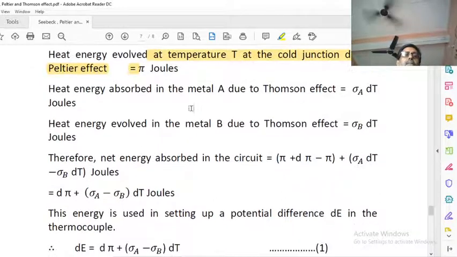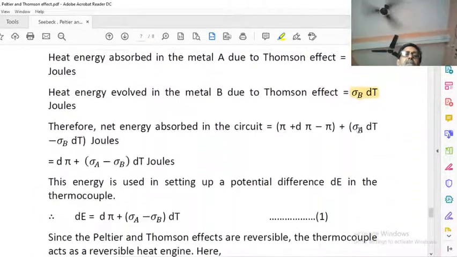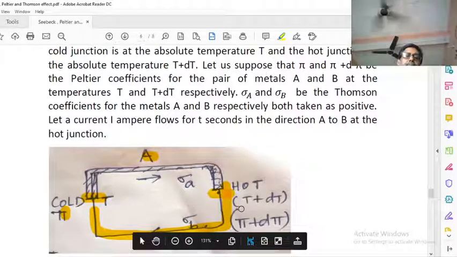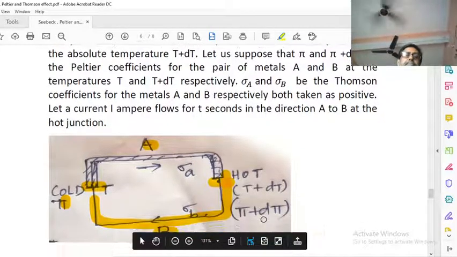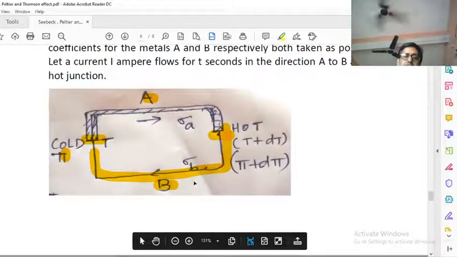So heat energy absorbed in the metal A due to Thomson effect is sigma A dT, and in B it is sigma B dT. So here heat energy evolved is pi, here pi plus d pi. Here for this sigma A dT, for this sigma B dT.